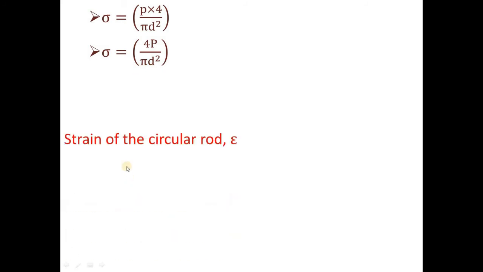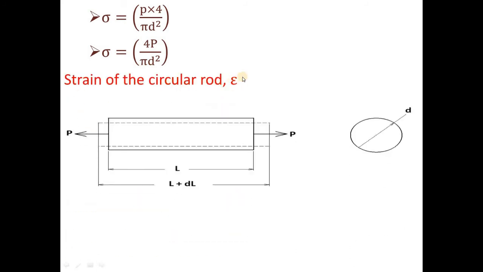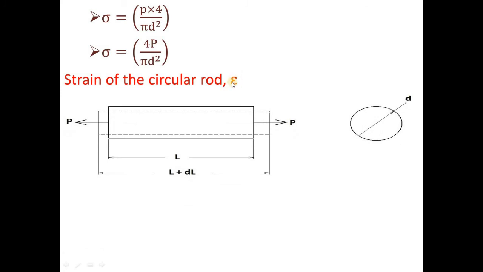Next we will find the strain formula of the circular rod, which is taken as epsilon. First of all, why do we have to find the strain formula? Because the circular rod is subjected to axial load on both the ends, due to which the strain will be automatically induced. Due to this strain, the circular rod will undergo change in length.